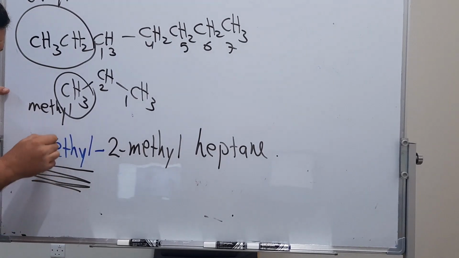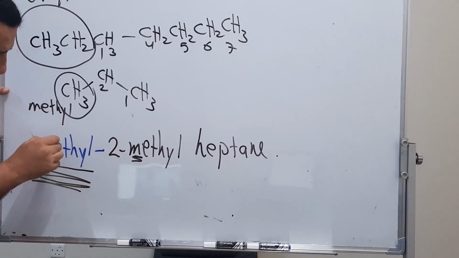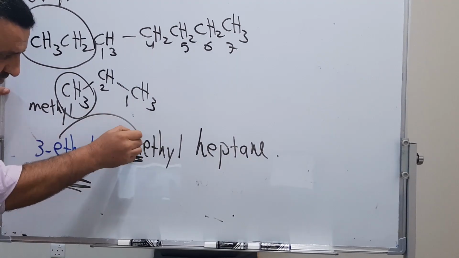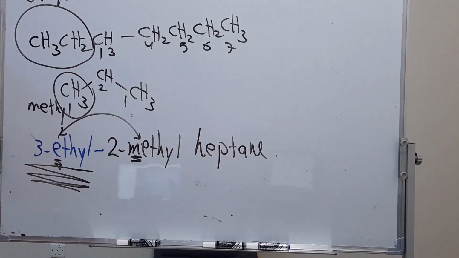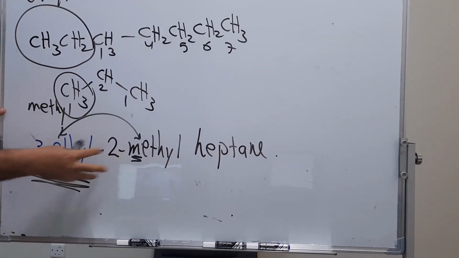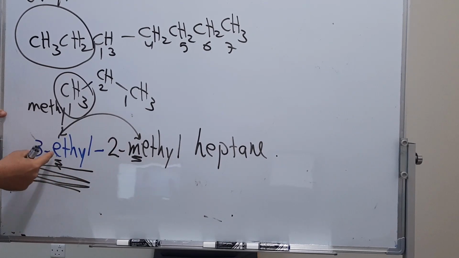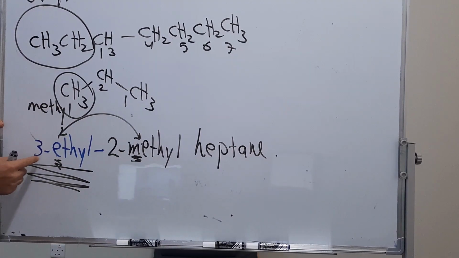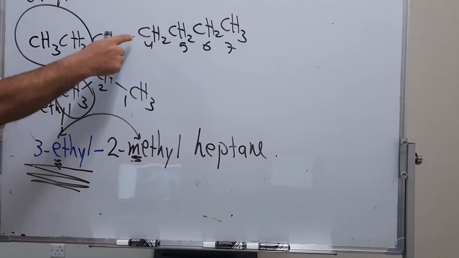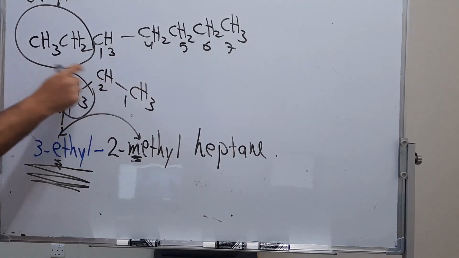So the E before the M here. Can you see it? I didn't change their numbers. I only listed them here in the name. We list the substituents based on their alphabetic priority, so the E before the M. That's an important issue, but keep in mind that we didn't change the numbers. The numbers are given based on the rules here.